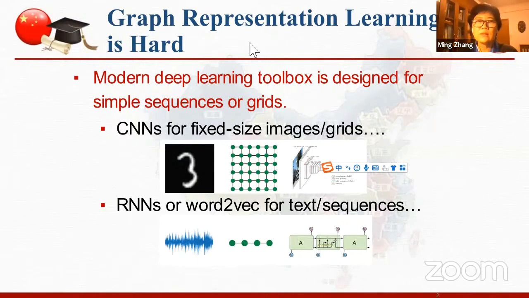So we know that CNN is typically for fixed size image grids, and RNN or vector is for text and sequential data. But for graphs, representation learning is very hard because it's much more complicated.